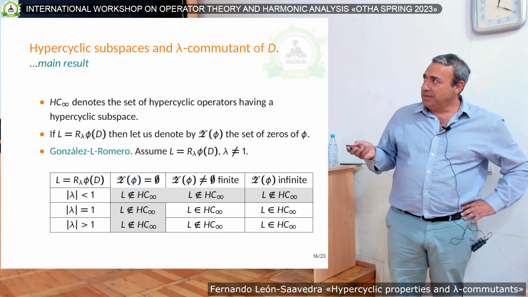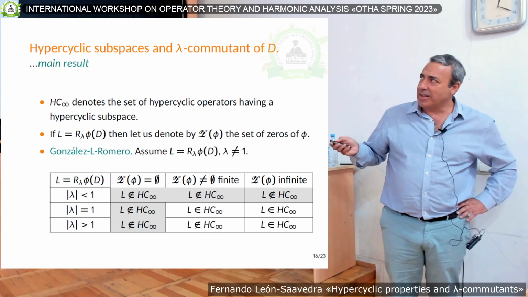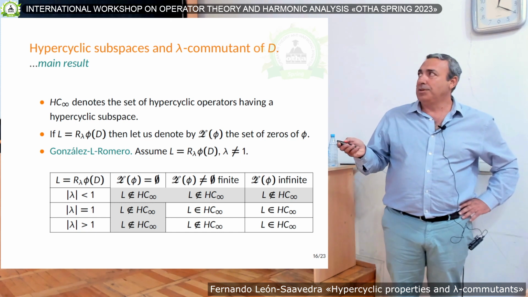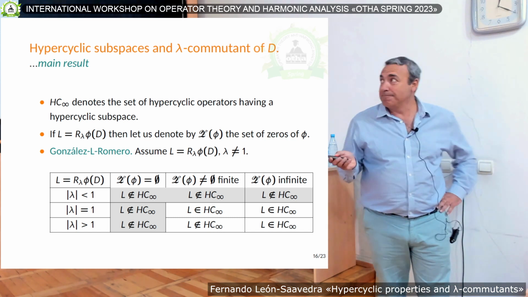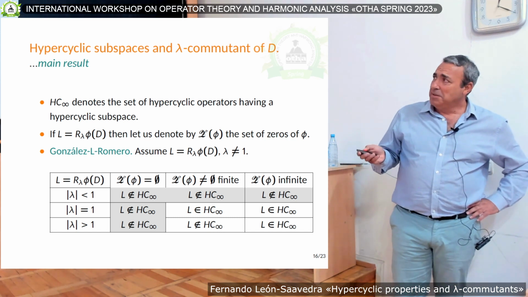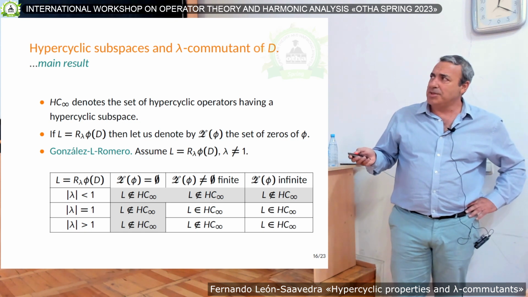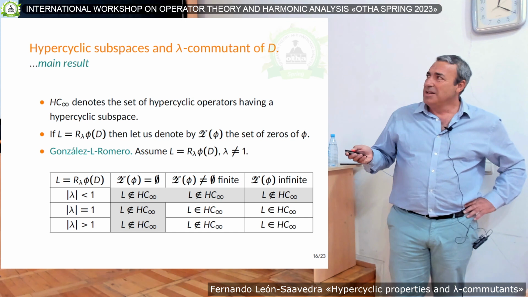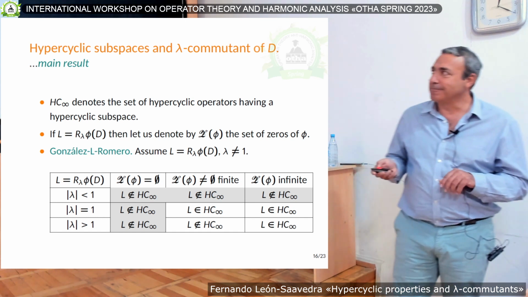The table below summarizes a full characterization of when a standard lambda eigenoperator has a hypercyclic subspace. This part is a consequence of the previous result.